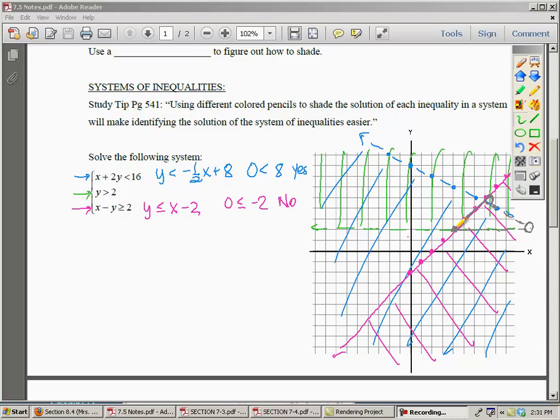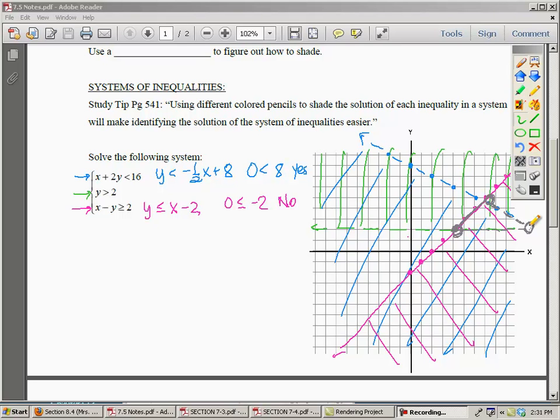We put a closed circle only where... I'm sorry, none of them are, these are all open. I apologize because this is a dotted line, this is a dotted line, and this is a solid line. So we're going to put open circles here as we go through.